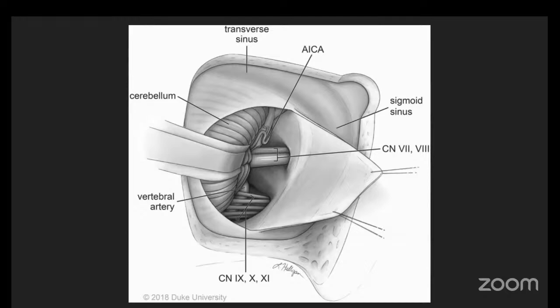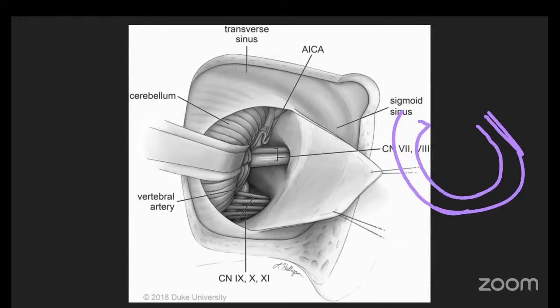What do I mean by opening the cistern? Any empty space, let me draw. For example, this is the petrous part. This is the occipital bone, and then we have the cerebellum here. Please excuse my very poor illustration, but any empty space inside the brain gets filled with CSF and gets lined by arachnoid.